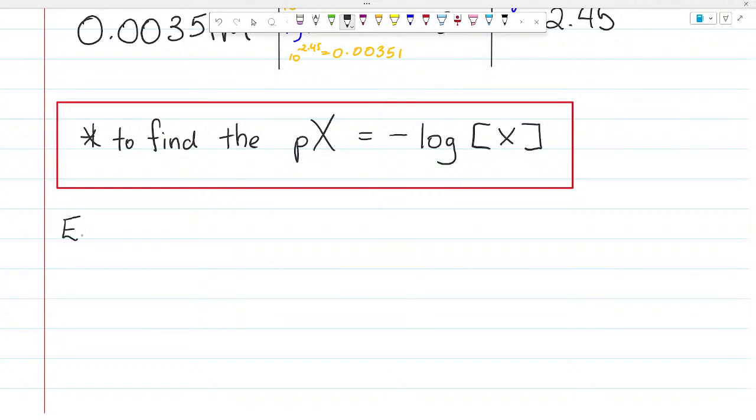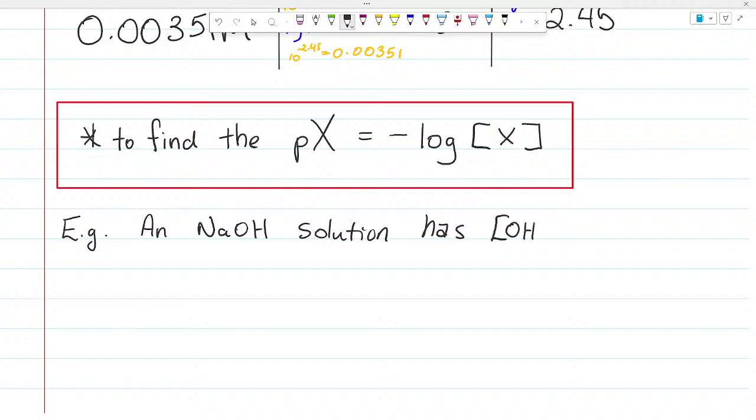Okay, so let's look at an example. An NaOH solution has a concentration of OH minus ions equal to 0.0214 molar. What is the pOH of this solution?